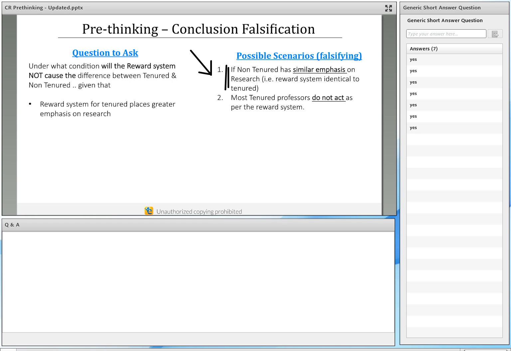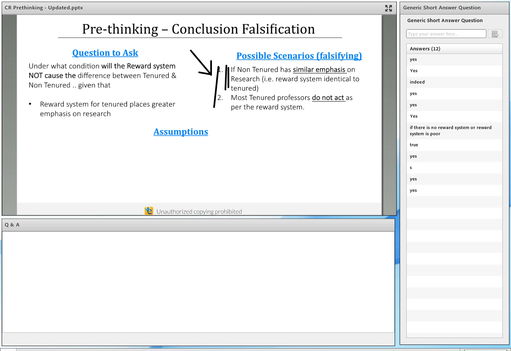Another scenario would be if most tenured professors do not act as per the reward system. You can put in a reward system, but if the majority of tenured professors say, hey, our actions are not dependent on our reward system, then you can't blame the reward system. There's something else that must be causing this.